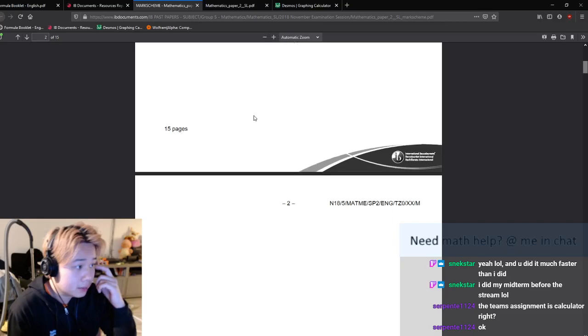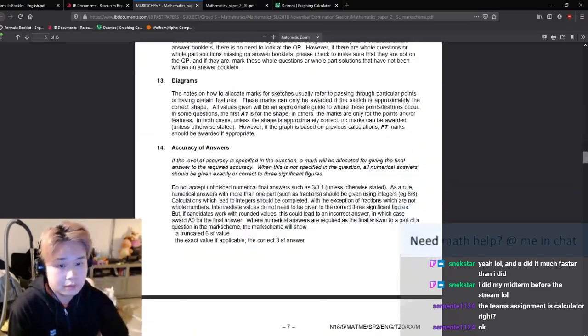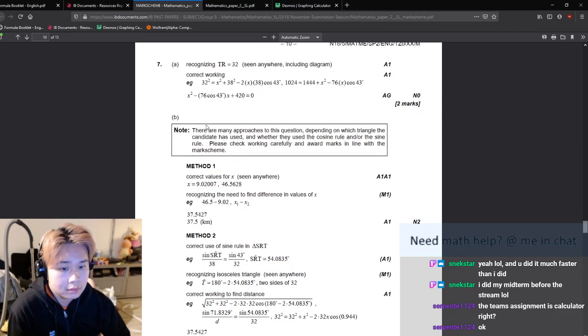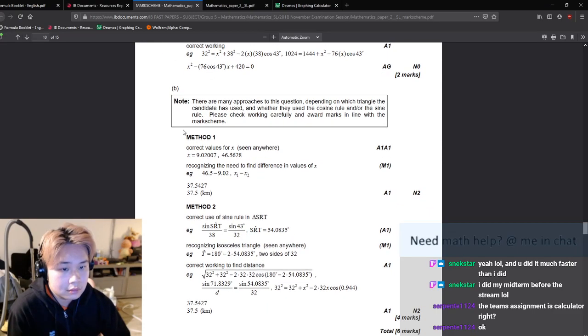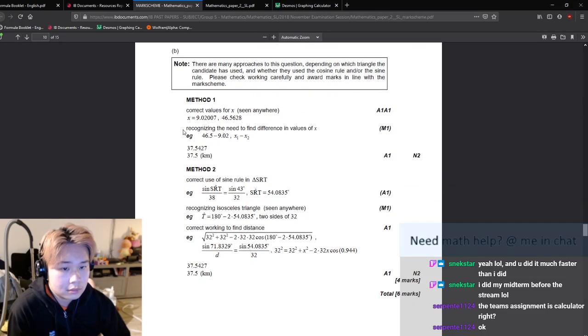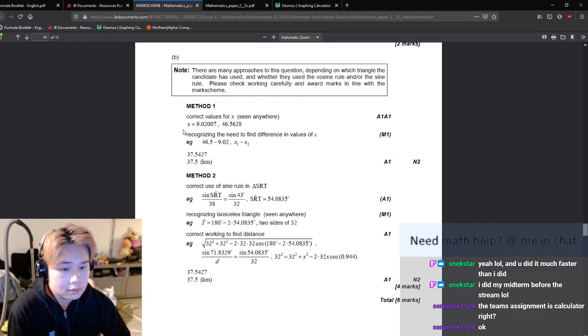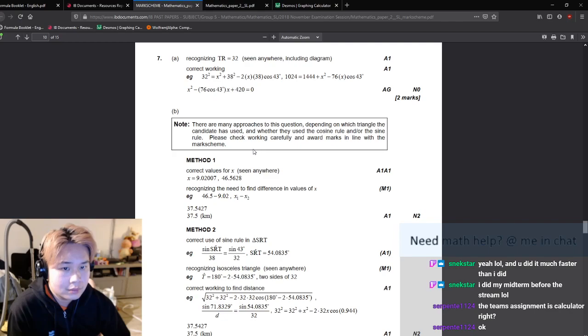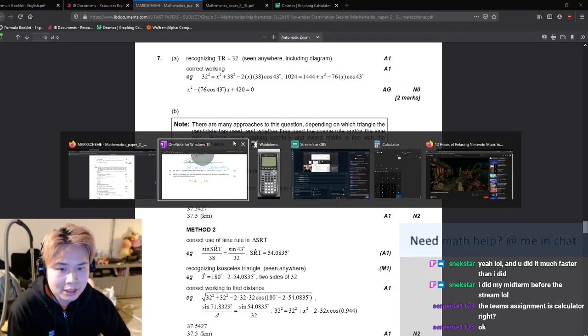Question 7. Okay, my values of x aren't even the same. Did I type this into my Desmos wrong?